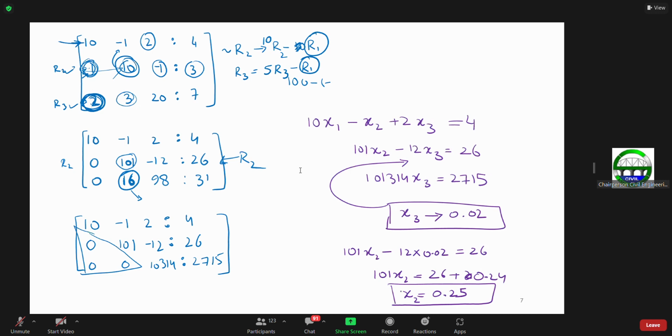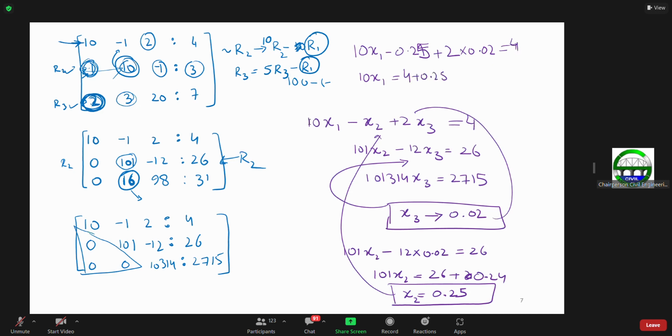We have x3, and then put this value in here and this value in here, and then finally 10x1 minus x2 is equal to 0.24, 0.25, and plus 2, what is x3? x3 is equal to 0.02, is equal to 4. So 10x1 is equal to 4 plus 0.25 minus 2 into 0.02.